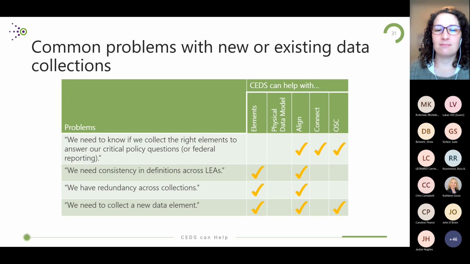The other useful resource from CEDS that you might not think about when you have a challenge or are looking to collect new or existing data is to leverage the open source community. Maybe you've aligned your data and you've gone out to see how the definition in CEDS exists for a particular element, and you're not really sure how closely that makes sense for your potential use.